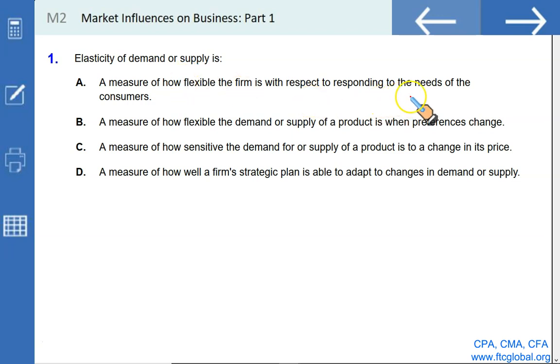Not about how firms are able enough to respond to the changing needs, how flexible the demand or supply is when preferences change, just price. A measure of how sensitive, how responsive the demand or supply of a product is to a change in its price. That is the correct option.